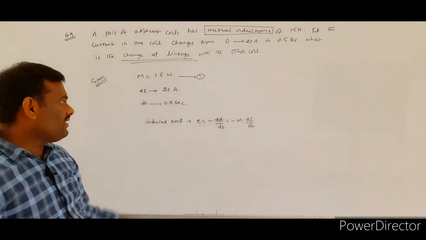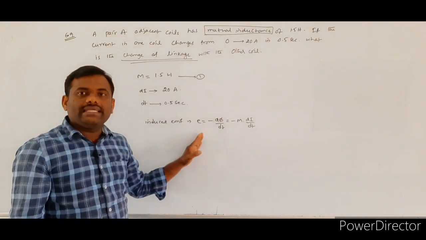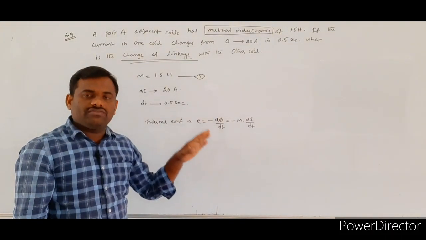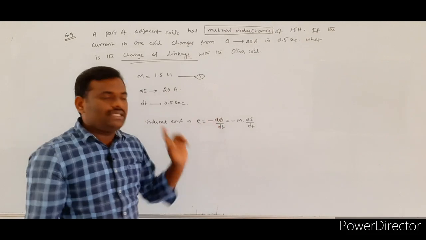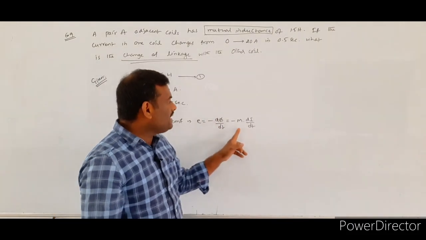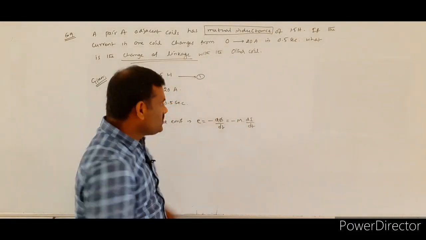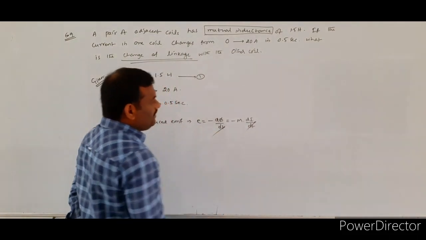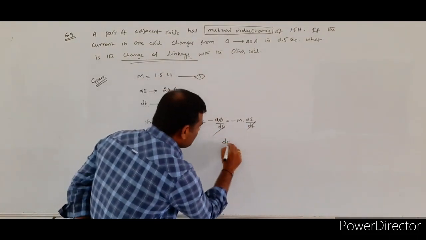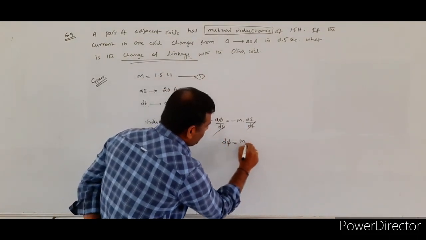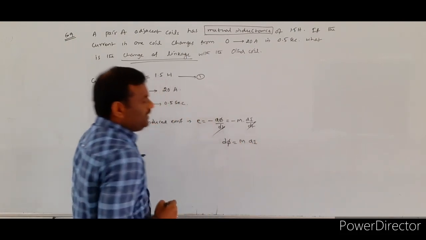The induced EMF is the negative rate of change in magnetic flux, and that is again minus M into di by dt. From this, dt gets cancelled, so the change in flux d phi is equal to M into di.